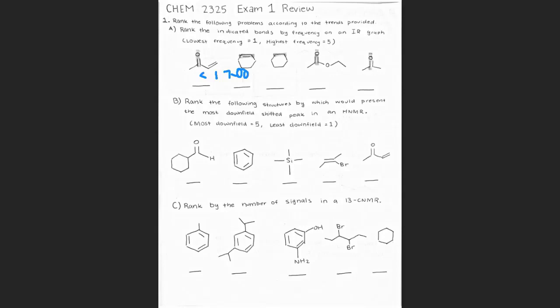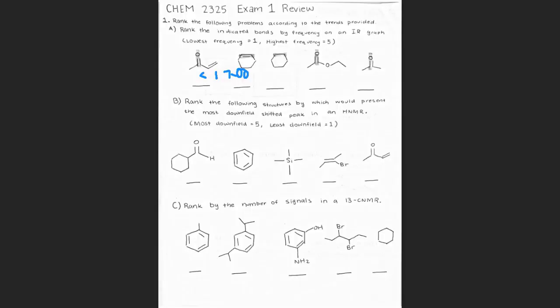What about the second molecule? Anyone know where we're expecting that carbon-carbon double bond to be around? Wouldn't it technically be in the fingerprint region though? Yeah, so your carbon-carbon double bond is around this fingerprint region, but that also tells you that it is going to be pretty far right.